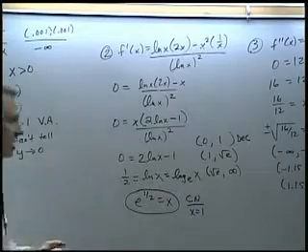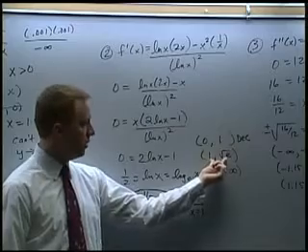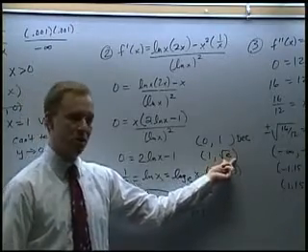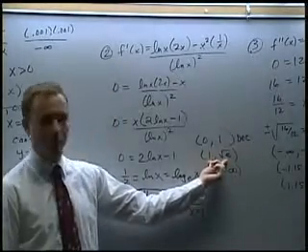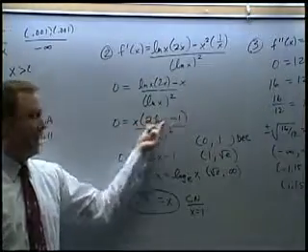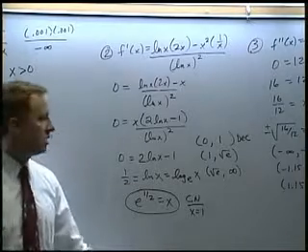You may need to plug some stuff into your calculator, especially with this one. These aren't nice numbers here. Then I would plug in a value between 1 and whatever this number is. I don't know what this decimal is. 1.65. So maybe I could pick 1.5 for this interval. I would plug it in here, and what do you come up with for a result? Is it increasing or decreasing?